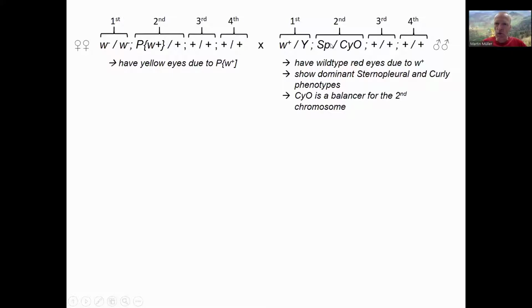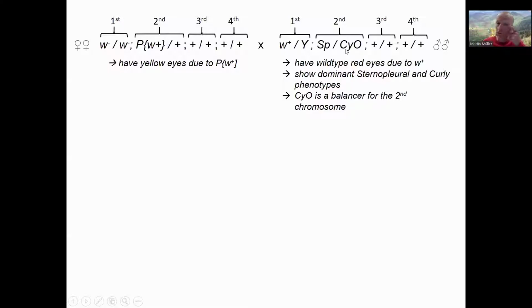In addition, it has 2 dominant markers on the second chromosome. One chromosome carries Sternopleural. It's not important how it looks. It's a dominant allele, which can be readily recognized. And this is the balancer chromosome for the second chromosome, marked with Curly.